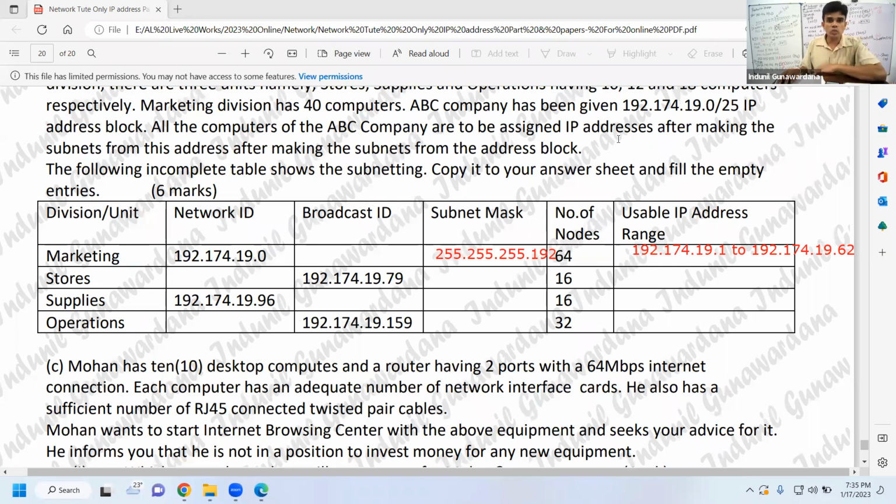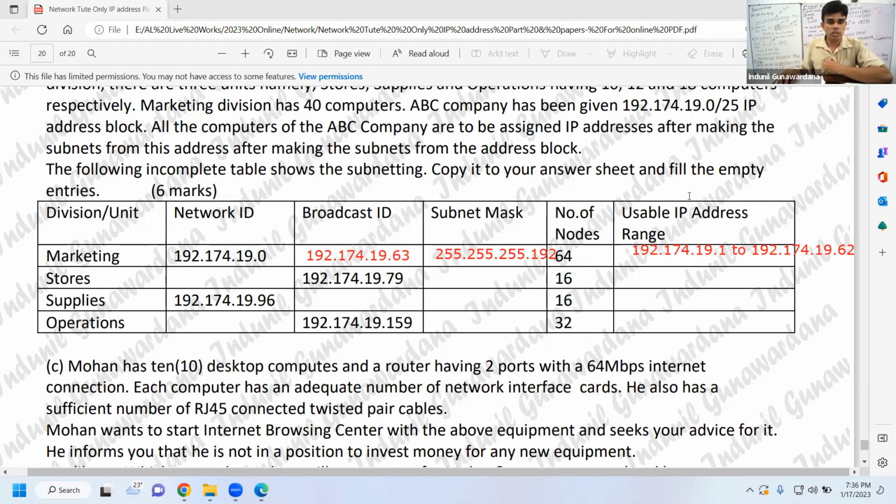The number of nodes, that is, the maximum number of hosts, is going to be 64, the number of IP addresses. Then the broadcast address is given there. That's one more than the last, the largest being 62, so 192.174.19.63. That's the broadcast.